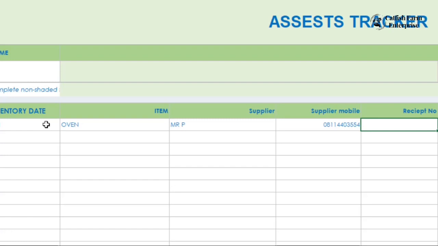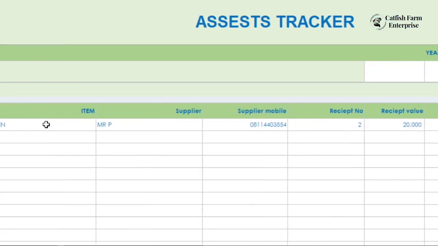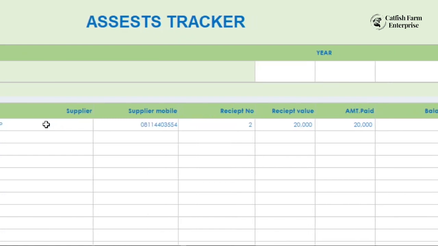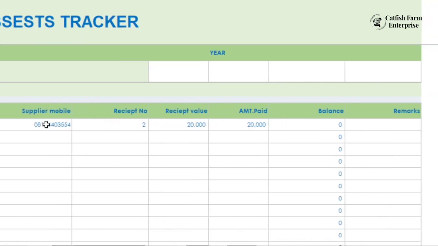Then the receipt number, you include receipt number. The receipt value, let's say 20,000. Amount paid, you paid in full. So balance is 0, means you're not owing them. Then you put the remark, okay, payments completed.